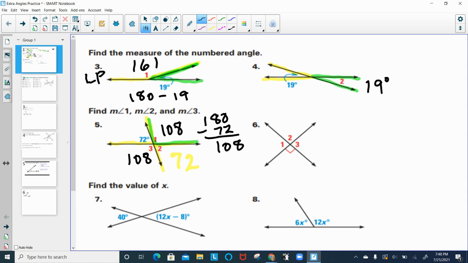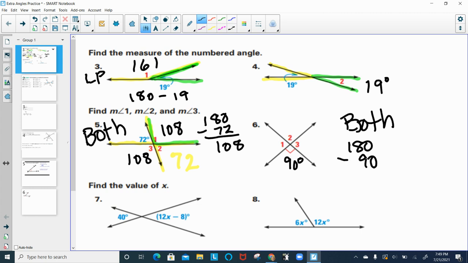Now, the only difference with, let me put both here, because that was a both problem. This is also a both problem. Now, if you remember, this little box means 90. So if you saw the linear pair first, then you said, okay, well, what's 180 minus 90?